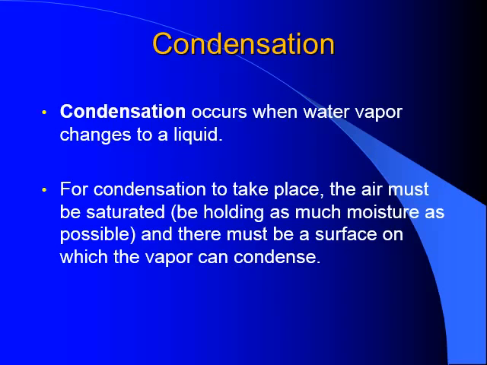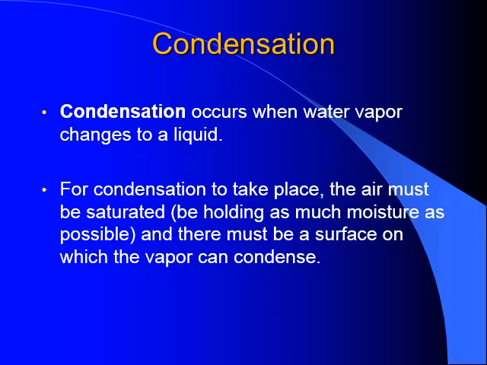For condensation to take place, the air must be saturated, and saturated air is air that holds as much moisture as it possibly can. So think about the summer, when it's really, really humid. That's when you might see or experience condensation.